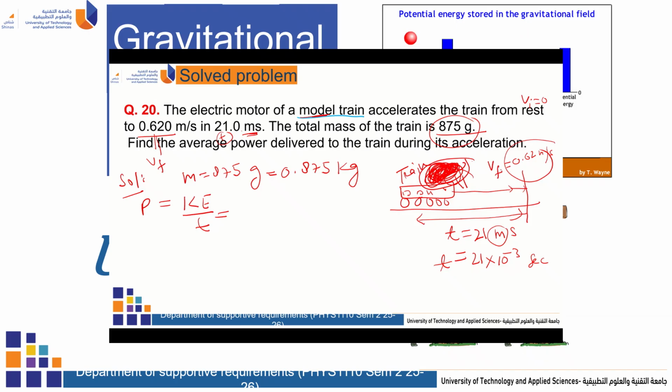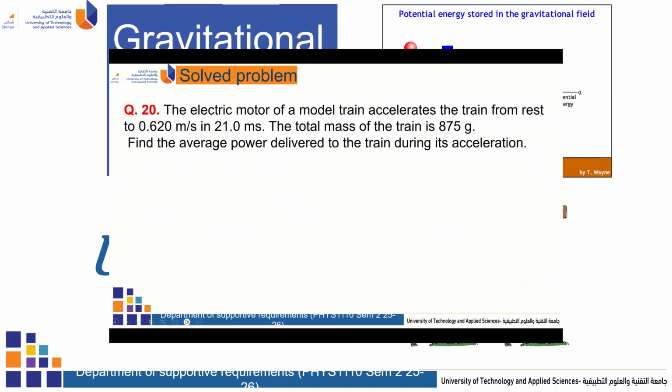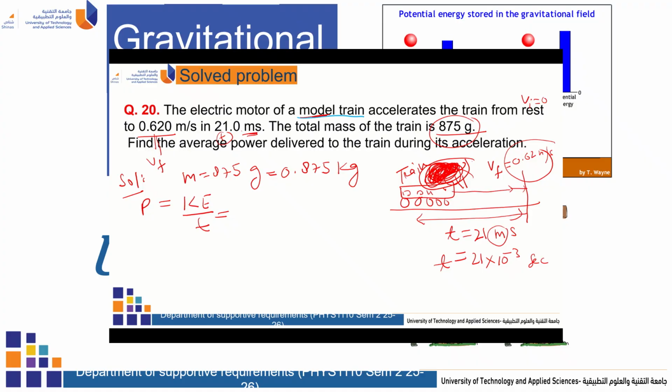So you can say there is only one velocity, so I don't say final, I can say v. So the power is equal to the kinetic energy over time, and the kinetic energy is half mass of the train times the velocity to the power 2, and this is the time.